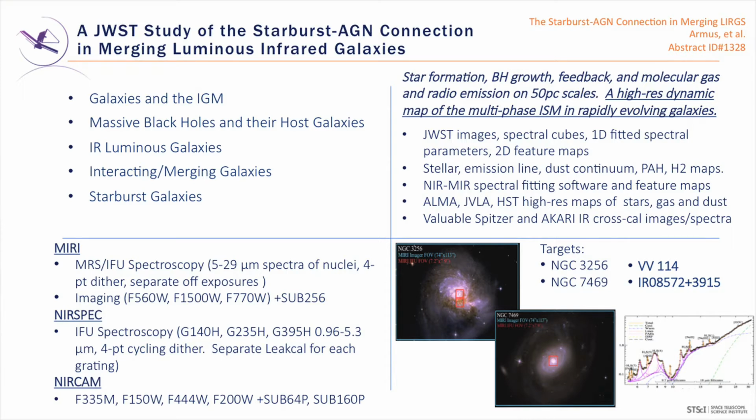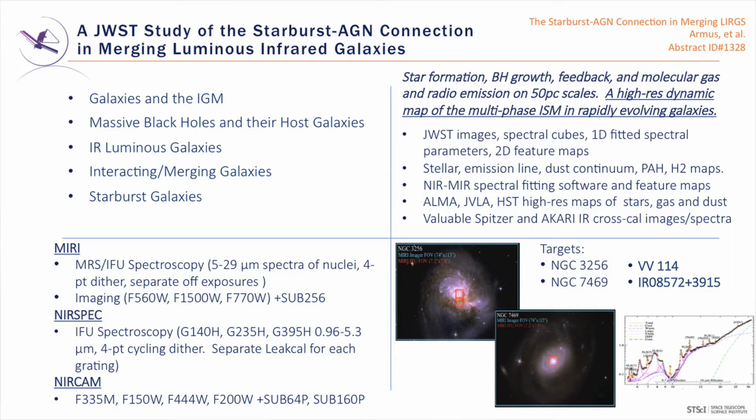We're going to produce software modified from the software that we use for Spitzer, which is called CAFE, to fit the mid-infrared spectra. We're going to provide the fits for all the spectral cubes, and also the software spectral package is going to allow us to make 2D spectral maps and all the key diagnostic features, PAH features, the emission line features, the fine structure lines.